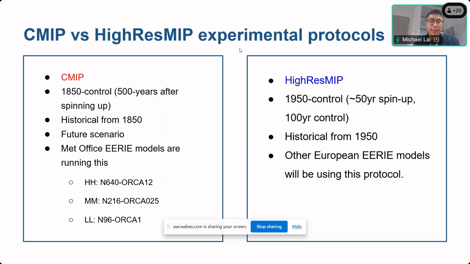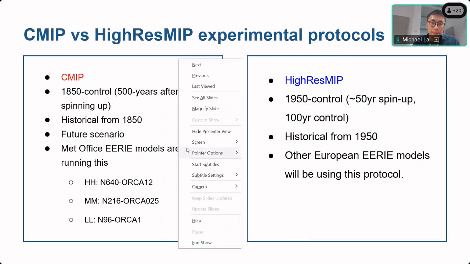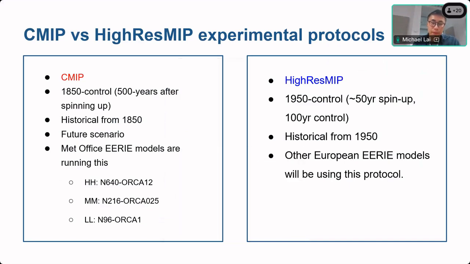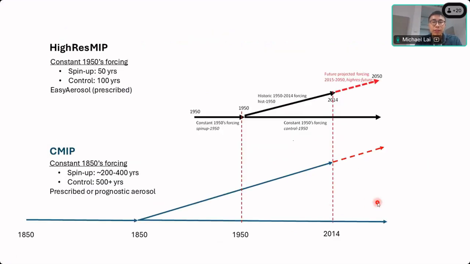Yep, and this is just a short summary of the previous slide, really, that the Met Office EERIE models are running the CMIP style runs. But the other European models would be using the HighResMIP protocol, just to keep that in mind. And this is a diagram showing the key differences between the two protocols.